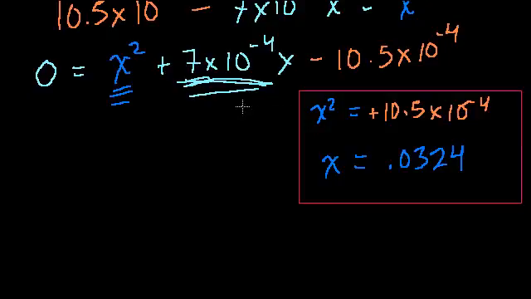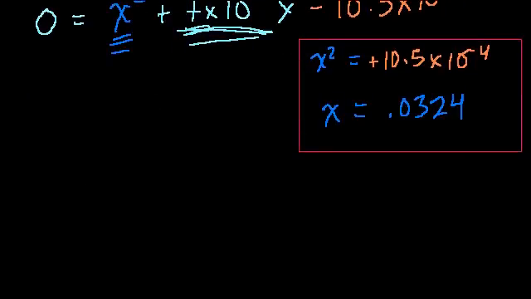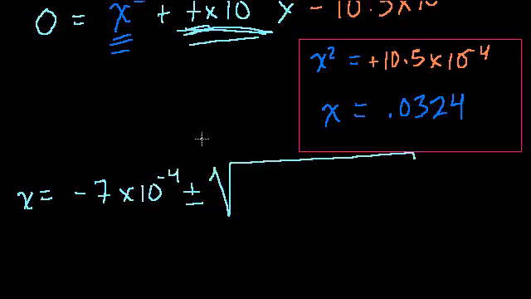Now let's solve it, just to confirm that we get the right answer, because that's actually the right way to get it. So, quadratic equation: x is equal to minus b, so minus 7 times 10 to the minus 4, plus or minus the square root of b squared. b squared is 49 times 10 to the minus 8, right? 7 squared, and 10 to the minus 4 squared is 10 to the minus 8.